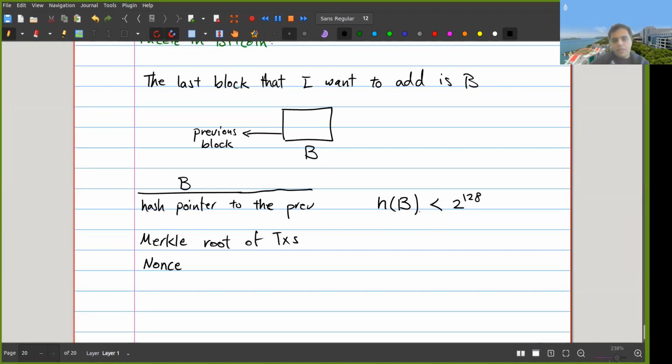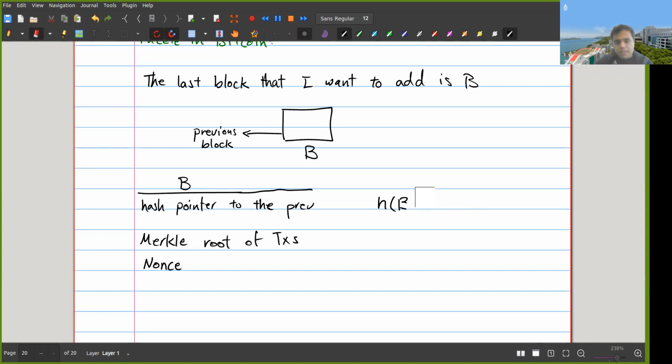Remember that the hashes, especially in case we use SHA-256, or in case of Bitcoin where we use 2 iterations of SHA-256, are really long. These hashes are 256 bits. If I say that I want you to find me a block such that the hash of this block is at most 2 to the power of 128, that's actually a really hard problem.